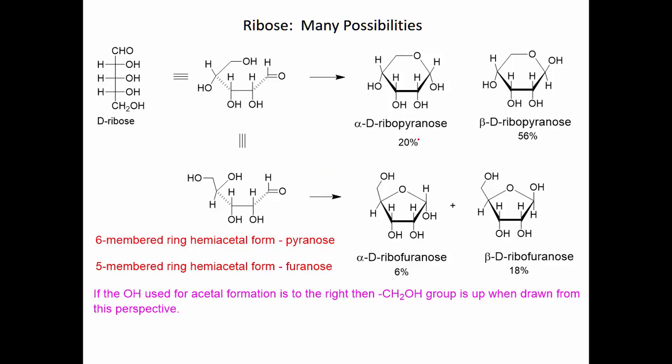What we see here is that most of it is in a 6-membered ring. The 6-to-5 ratio, we'll say, is 76 to 24. Add these two numbers and compare them with these two numbers. So there's more 6-membered ring than 5-membered ring.